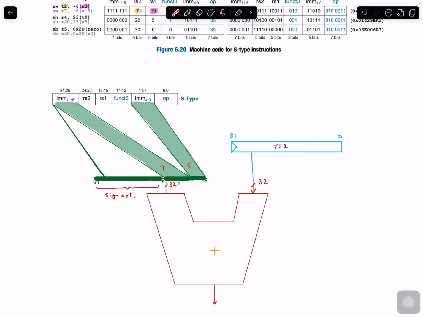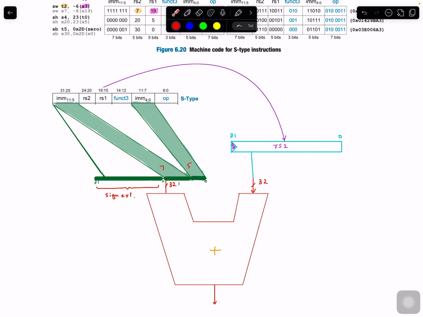So this is the RS1 value. RS1 goes here, and this is because this is a register.